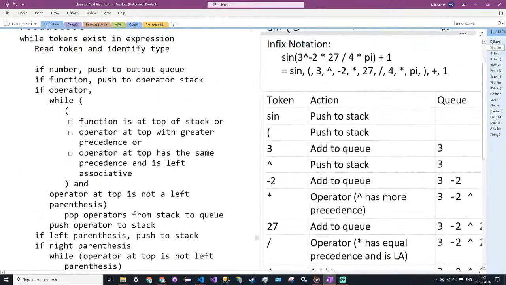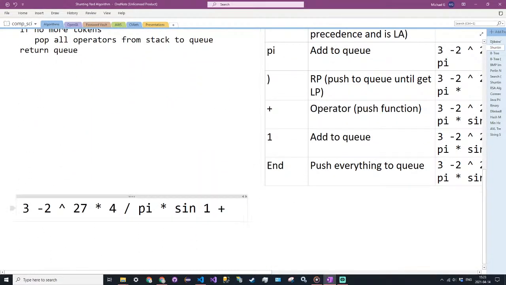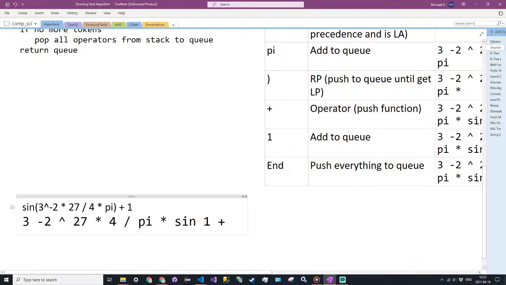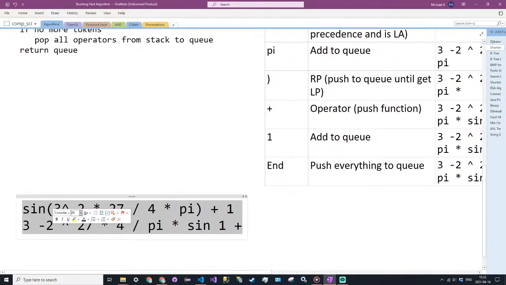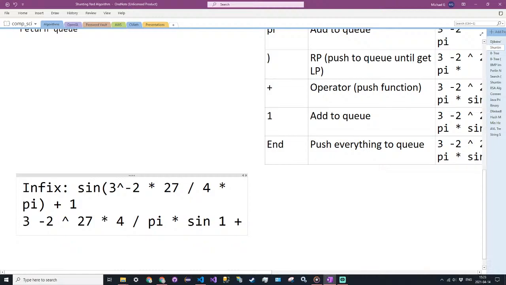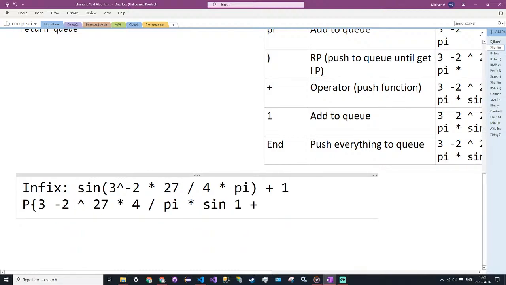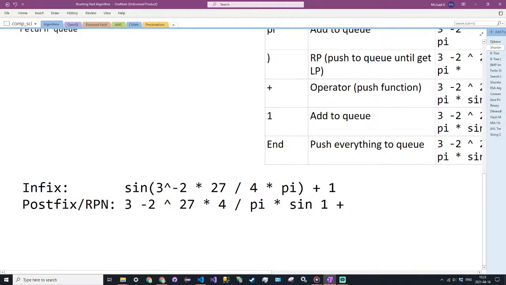I will also grab the initial expression up here. There we go. So this is going to be infix. And this is postfix, reverse Polish notation. Just like that. So we can already see a bunch of the similarities here.